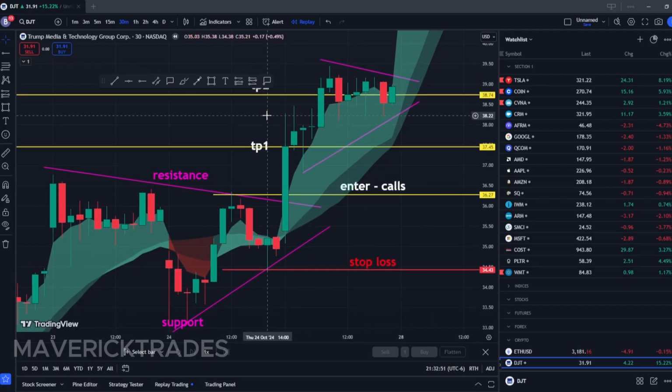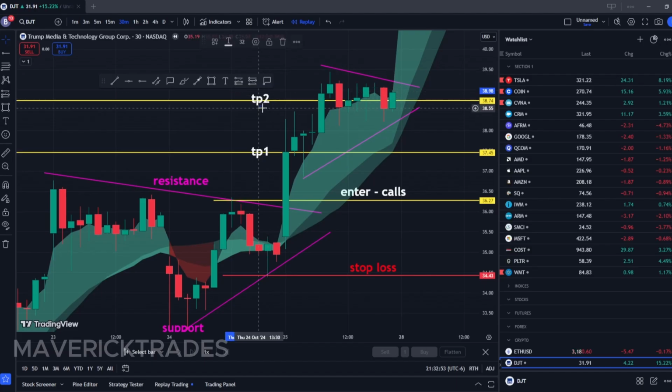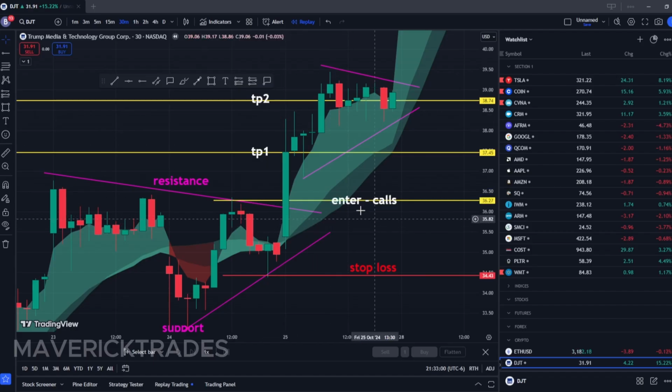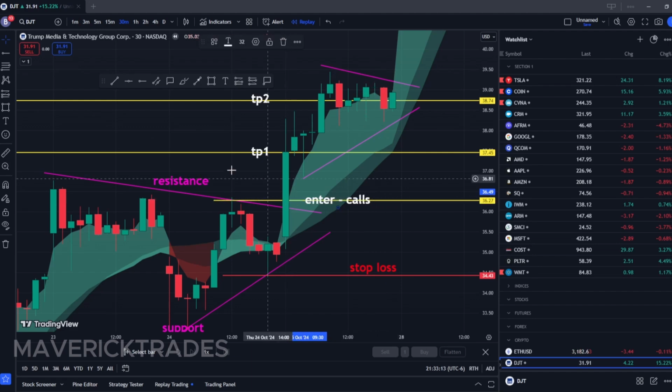So TP1, TP2, and I'll go over that in a little bit on previous price action. And then you're going to want to enter calls as soon as it breaks the resistance and it touches these two, right? Because the reason why you're going to want to enter calls when it reaches this line right here is because once it passes the resistance, it's a strong indication that it's going to break and rise.